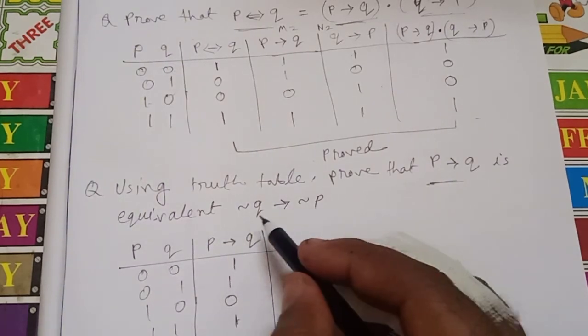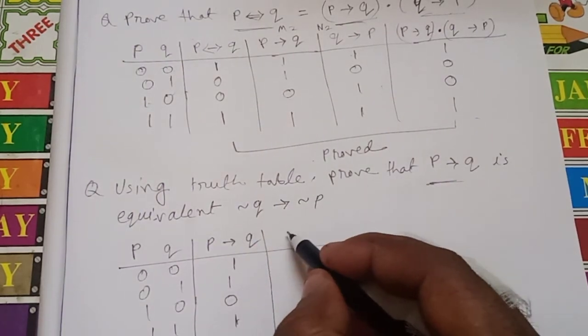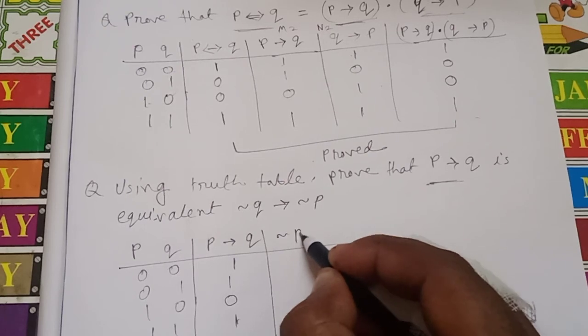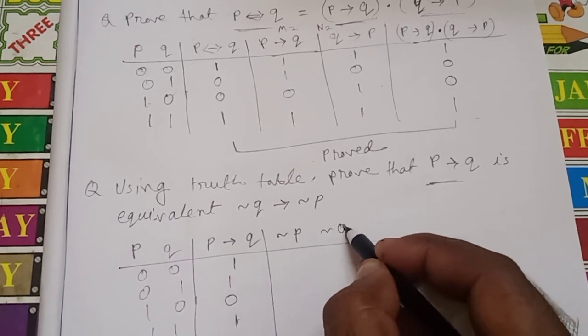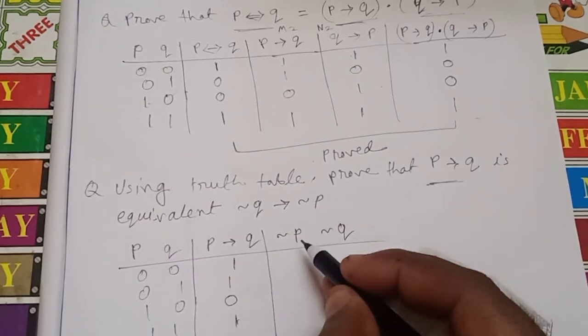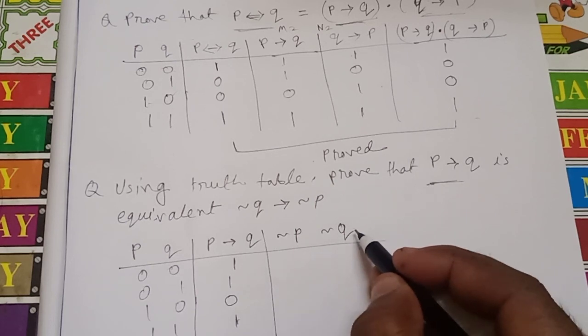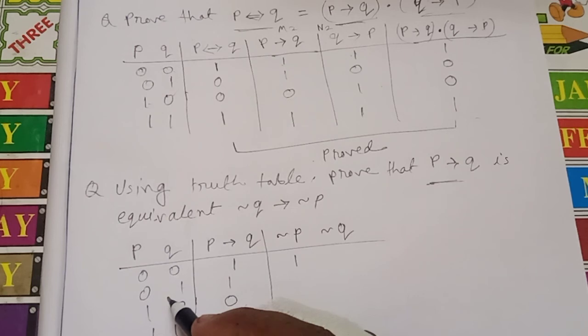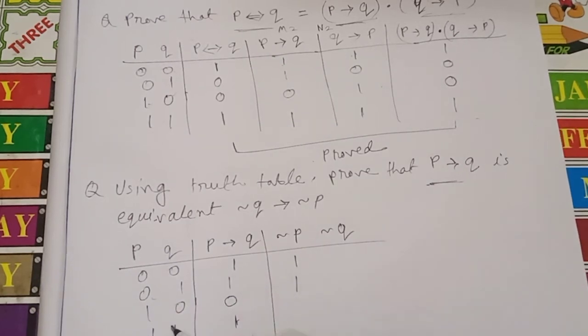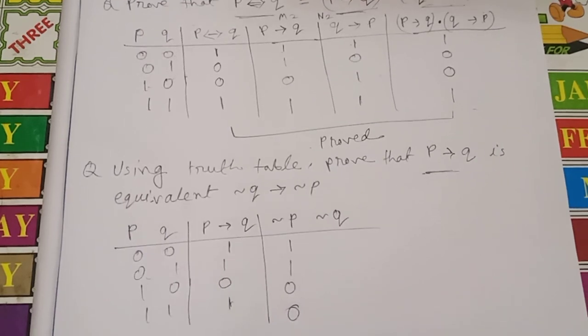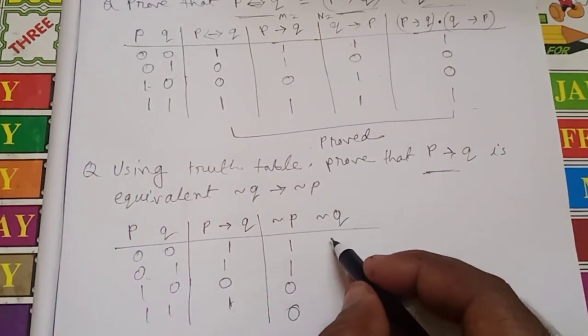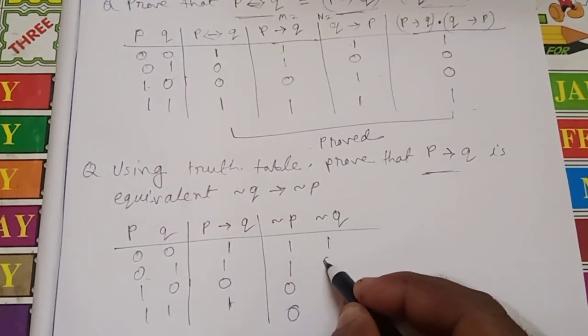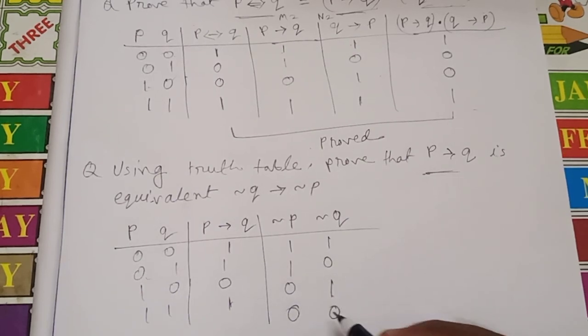Now we have not P and not Q. Not means the opposite of the value of P, and not Q means the opposite of the value of Q. P is 0, we write 1; P is 0, we write 1; P is 1, 0; P is 1, 0. Not Q means 1 0 1 0.